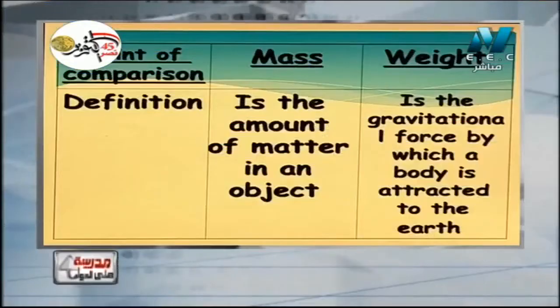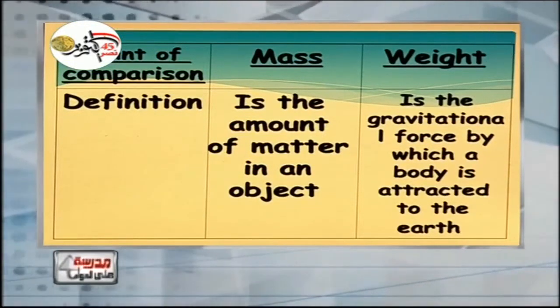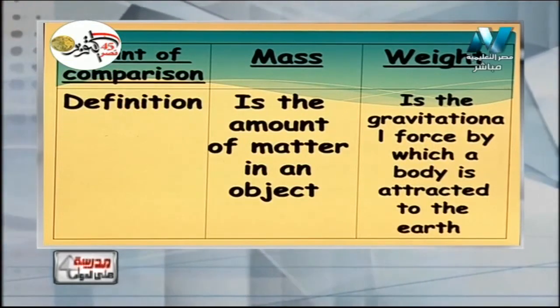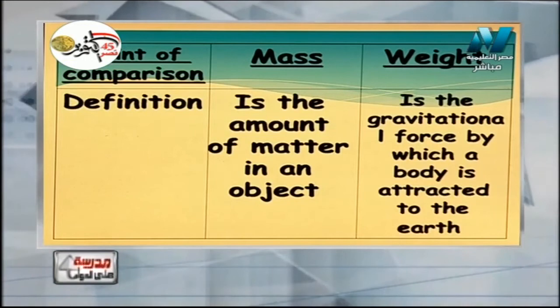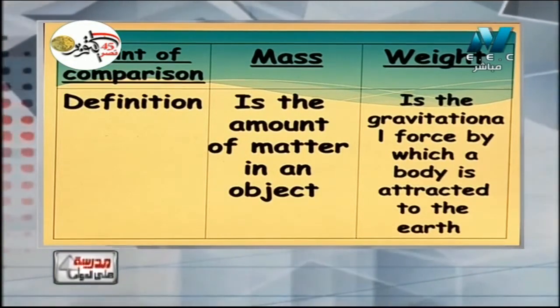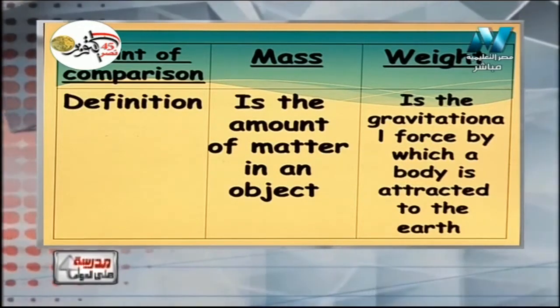So now let us see what's meant by mass. Mass, as we have studied, is the amount of matter in an object. Weight is the gravitational force by which a body is attracted towards the earth. Again, mass is the amount of matter in an object.